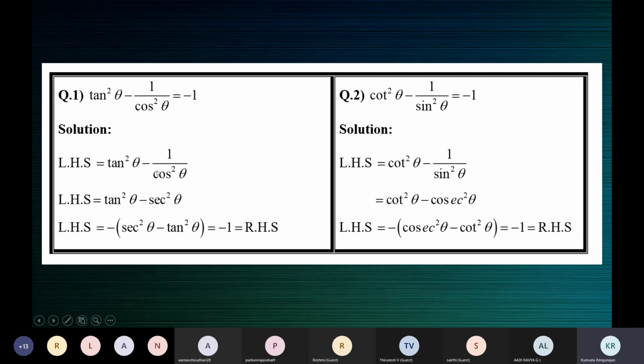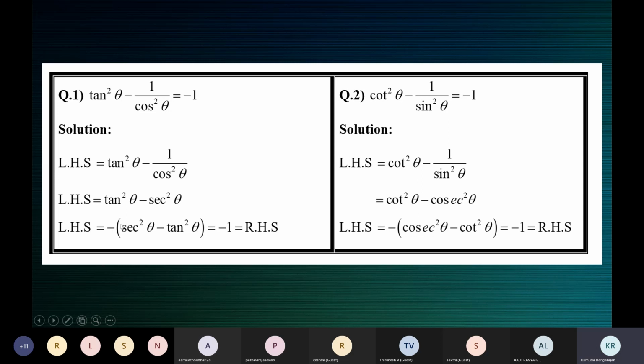Tan square theta minus 1 by cos square theta is tan square theta minus secant square theta, which can be written as minus of secant square theta minus tan square theta. Recall that.